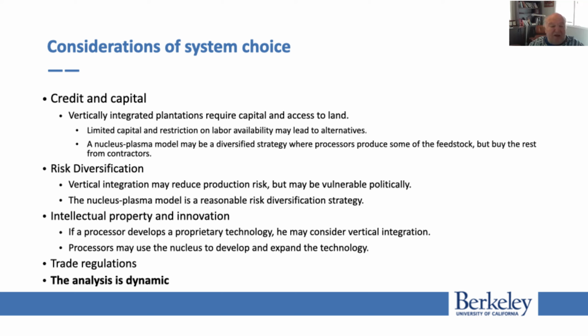Another reason is diversification of risk. A lot of the time you decide that if I'm vertically integrated, something may happen to my facility. So some of my production is in-house and some is outside of the house. You will also often be worried about someone stealing your intellectual property.